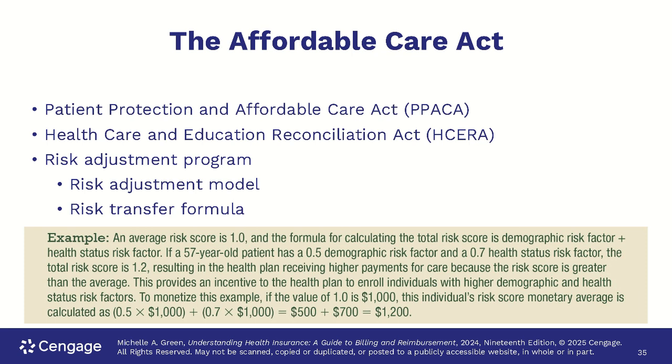So, 57-year-old demographic risk factor 0.5, and then health risk factor 0.7. Now, remember, average is 1.0. This patient has a risk score of 1.2, resulting in the plan receiving higher payments because why? The risk is greater than average.